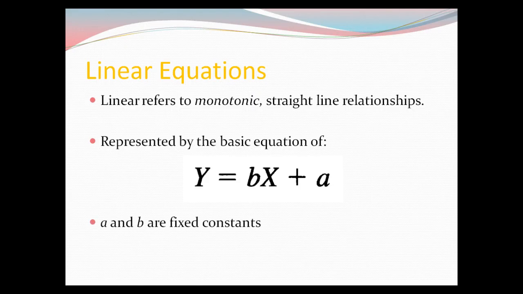A and b are fixed constants that you will derive from your analyses. So it'll be b multiplied by x, whatever x value you have for your independent variable, plus a will indicate your dependent variable, where b is slope and a is intercept.